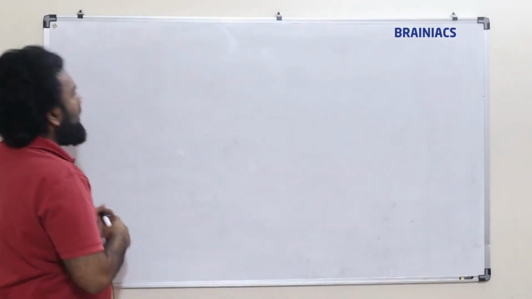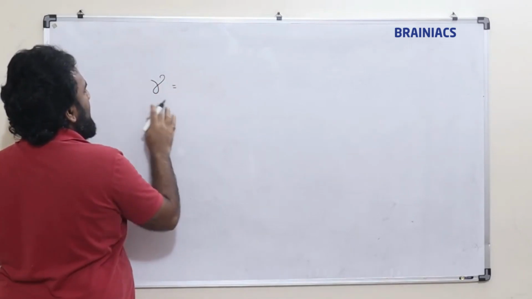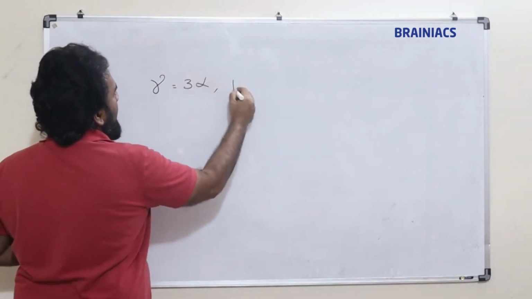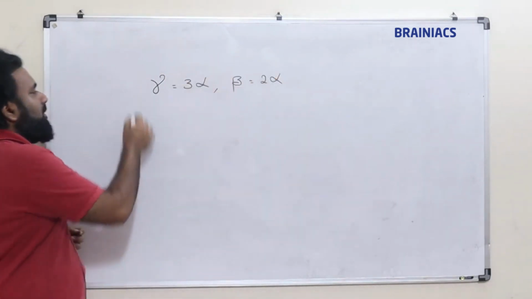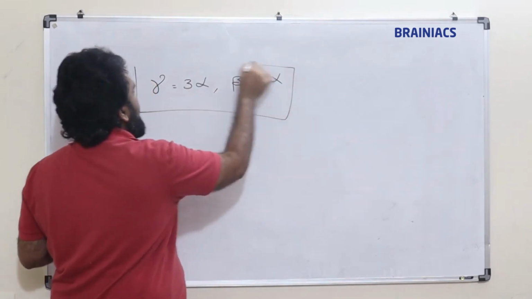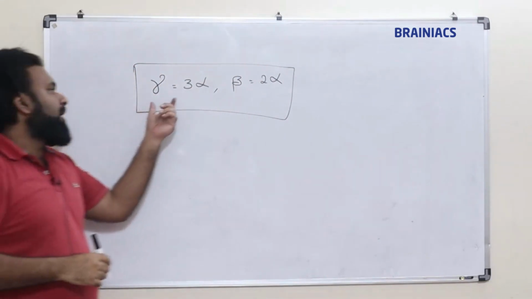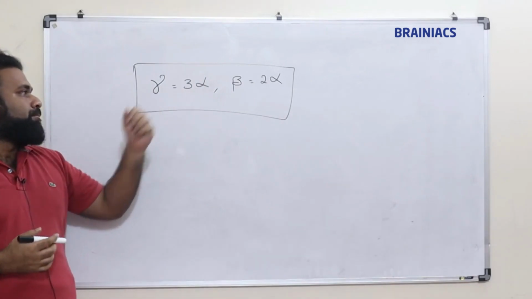Okay, so here finally we can conclude that gamma is equal to 3 alpha, and beta is equal to 2 alpha. Okay, so remember this relation. Clear? Based on this relation, questions can come.